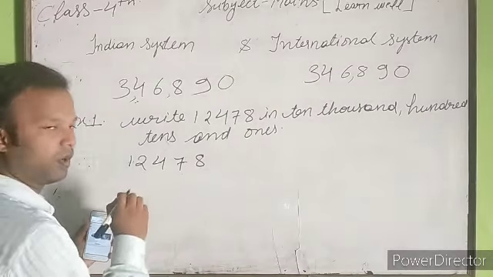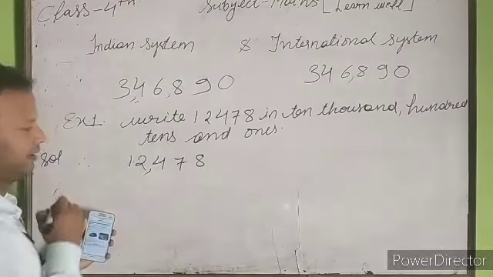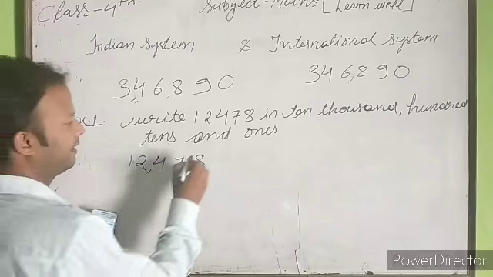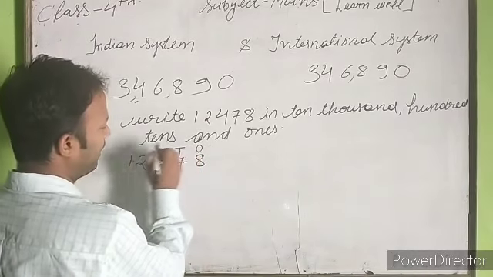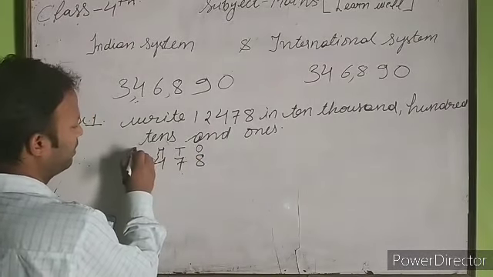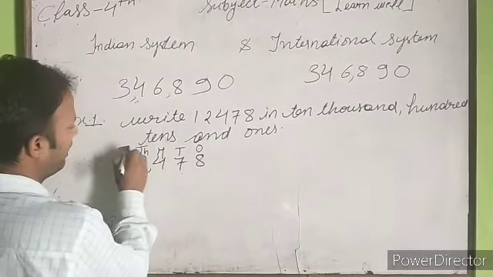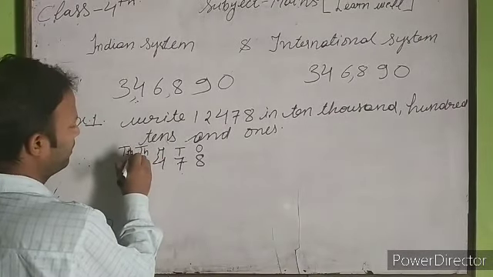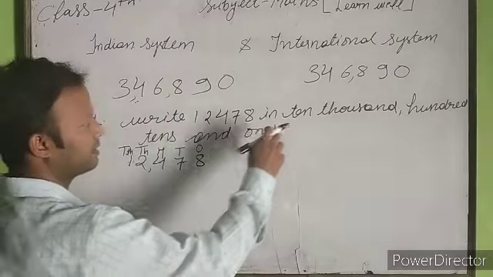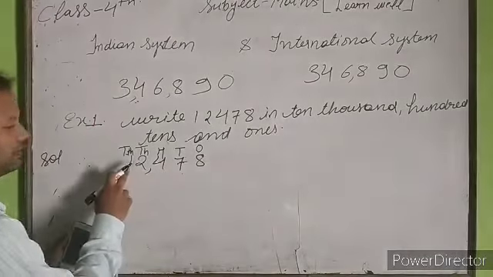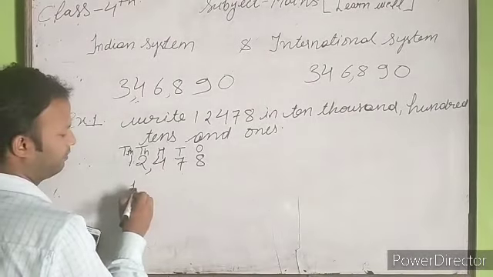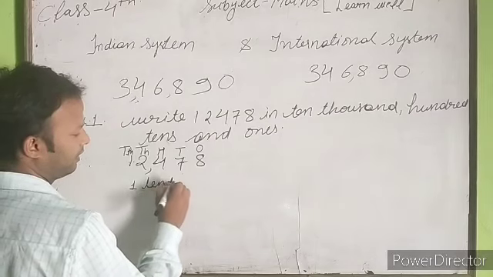Then you put the commas according to the Indian system, like this. Then you read it from the right: ones, tens, 100, 1000 and 10,000. Now we will see 10,000. How many 10,000s are there? 1. So you can write 1, 10,000.